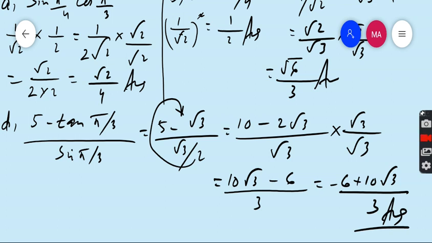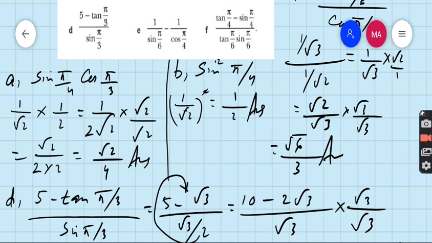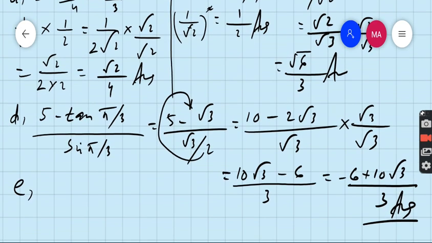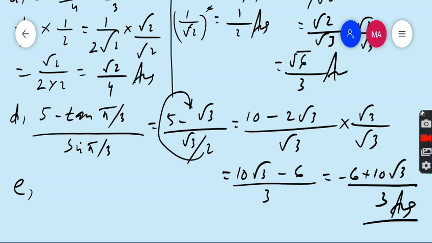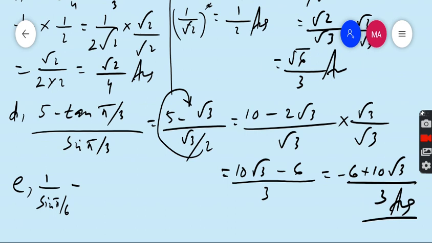Okay, come to part E. What is part E? One upon sine pi by 6 minus 1 upon cos pi by 4.